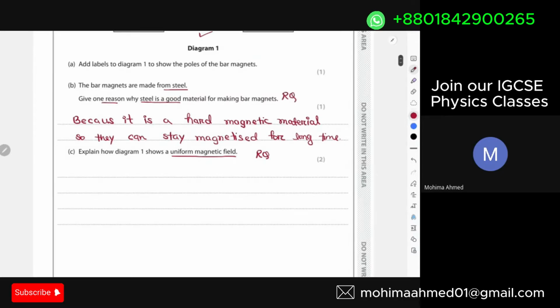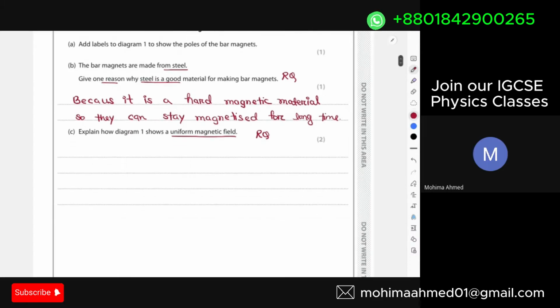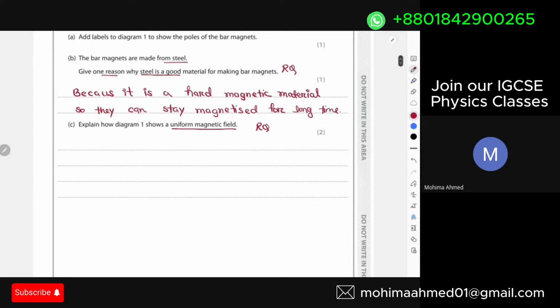The definition of steel being a hard magnetic material is always going to be the same. The properties you check in order to identify if any set of magnetic field lines are uniform or not are also going to be the same. So these are two repeated questions again. So we can write that field lines are straight, evenly spaced, and parallel to each other.